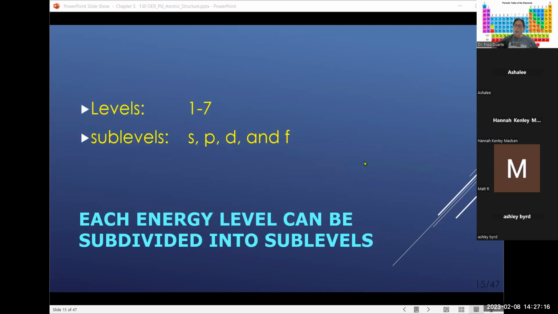Based on this information and analyzing the light spectrum, we have 7 energy levels of 7 periods. But we also learned that based on our model, we have what are called sublevels, which are denoted by the letters S, P, D, and F. Another term used for these sublevels is orbits or orbitals.